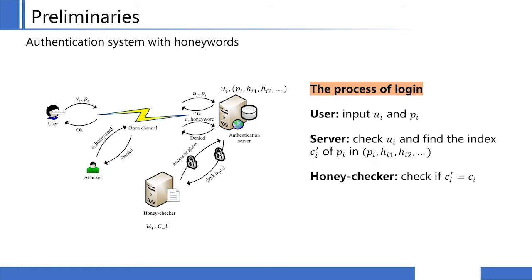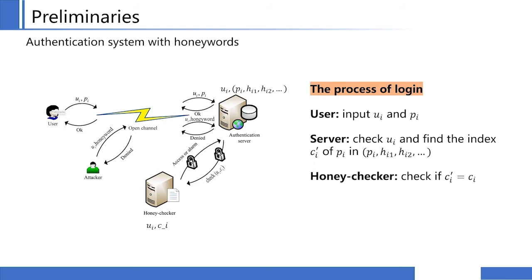Compared with the traditional authentication system, the Honeywords system adds a honey-check server. The honey-check server is considered to be safe and reliable. It connects to the identity authentication server through an encrypted and trusted channel. Take the login process as an example.